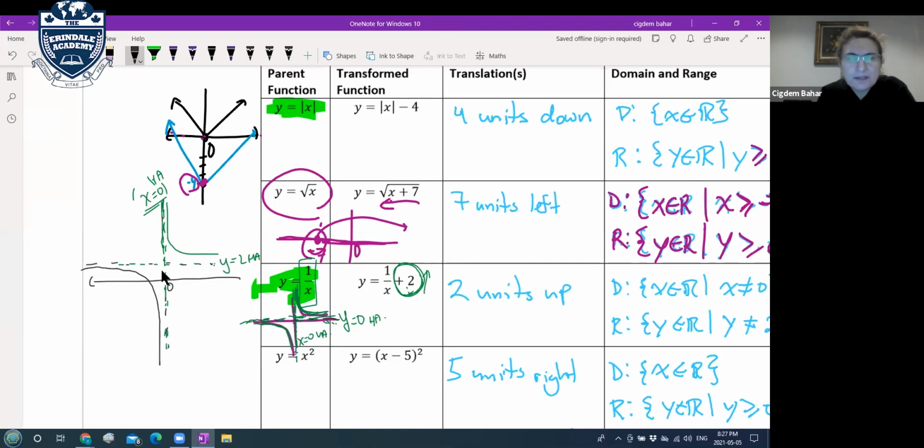Next one, so domain and range here. Since you have a horizontal asymptote at 2, your range, y, can't be 2 because you have a broken line at 2. It's your asymptote. And your x can't be 0 because you have a vertical asymptote.